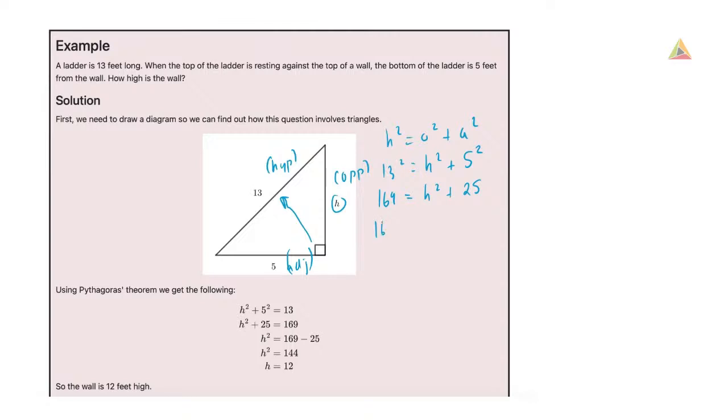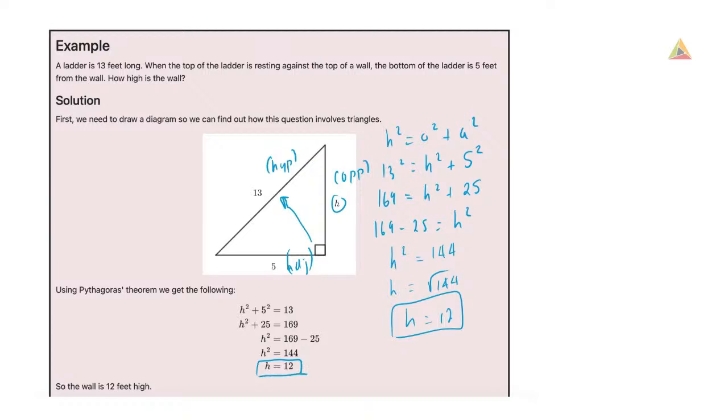So 169 take away 25 will give us h squared. 169 minus 25 is 144. So h squared is equal to 144. We want what h is, not what h squared is. So h is the root of 144. h is 12.